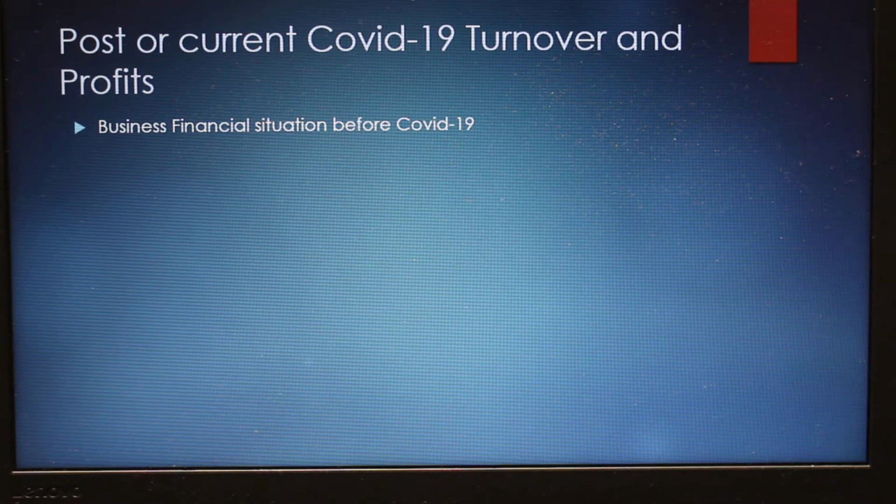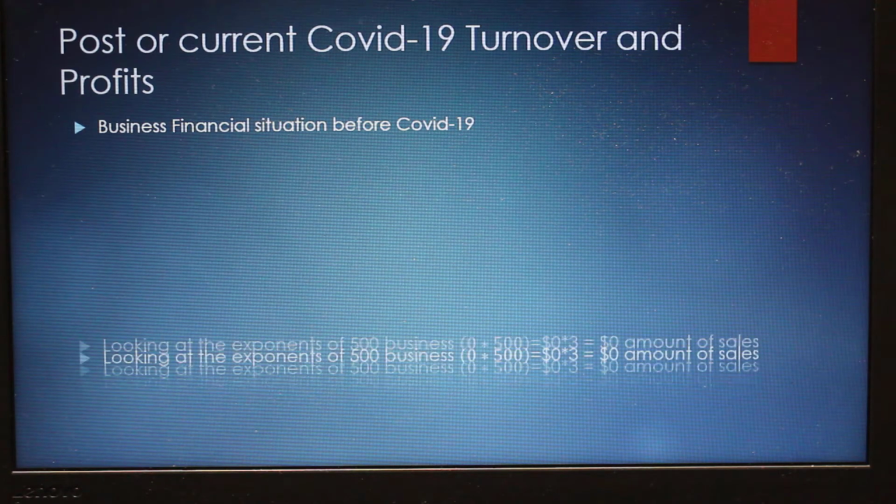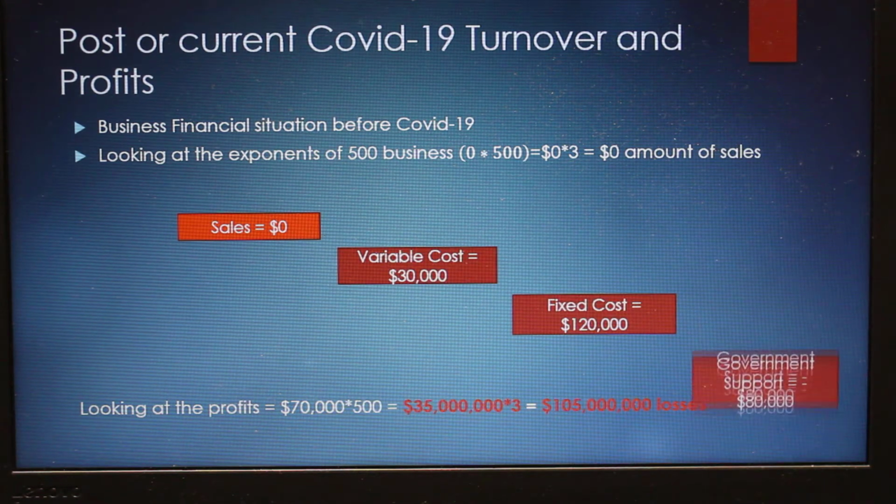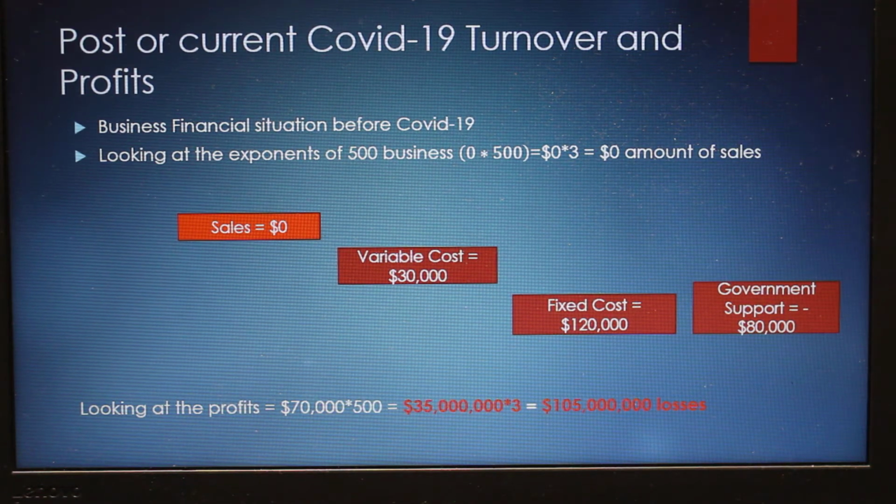Now, let's have a look at the turnover and profits in the situation post or with COVID-19 coming on board or in the picture. Sales now would be zero because the lockdown means that businesses in most instances cannot operate, which means they cannot sell goods, which means that there's nothing coming in.